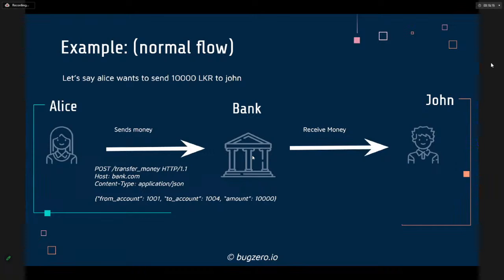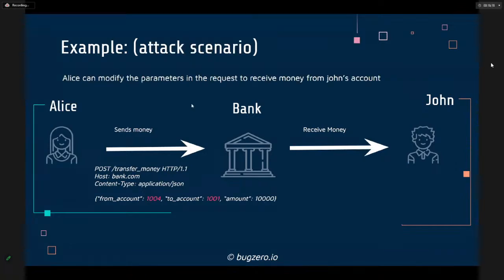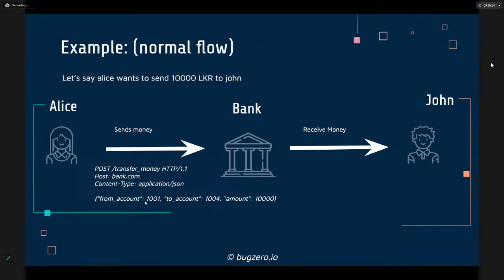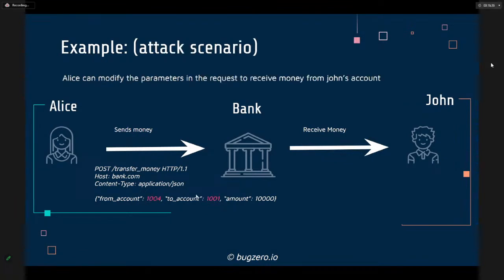So the attack scenario should look like this. Alice can modify these parameters. You can see the from account is Alice's account, and the to account is John's account, right? What happens if Alice switches these two, with from account being John's account and to account being Alice's own account?